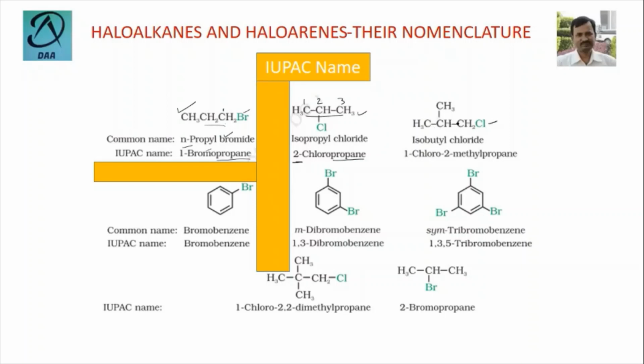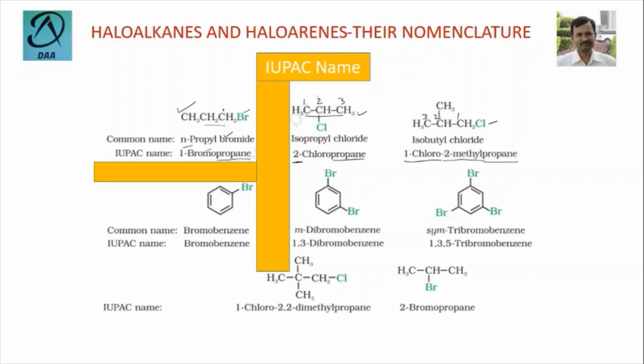In this case, for IUPAC naming, the longest chain is 1 to 3. So main is propane. Then at the first position, that means carbon number 1, chloro is there, so 1-chloro. And at the second position, a methyl group is there, so 2-methyl.